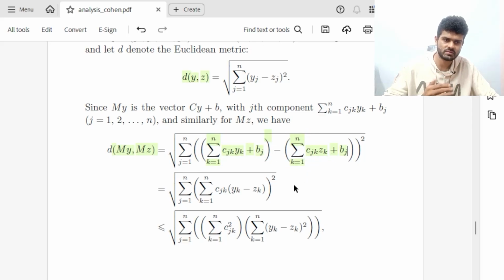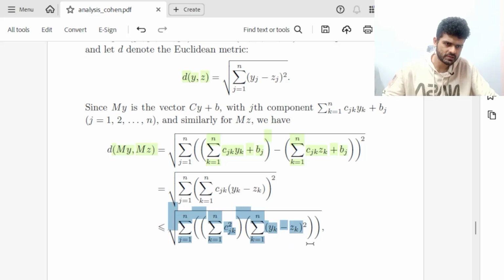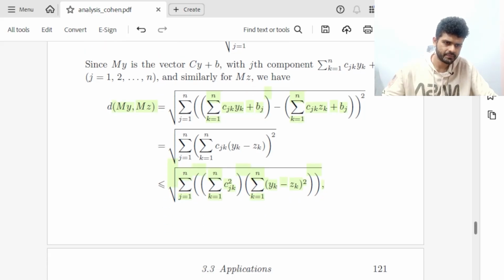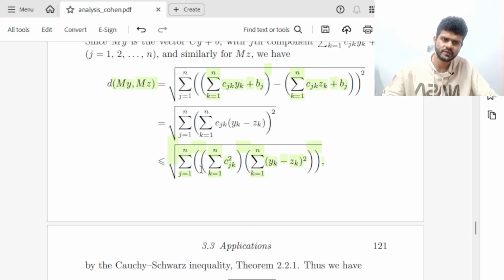Then do some algebra, which is not too hard, with sums of squares. They have also used something called the Cauchy-Schwarz inequality, and I think I've done a video on it.